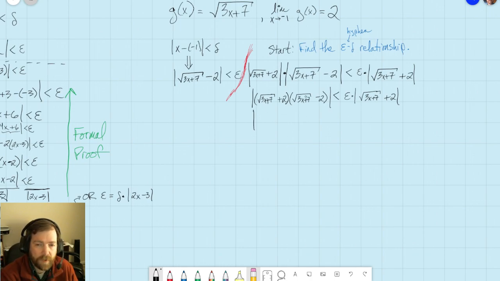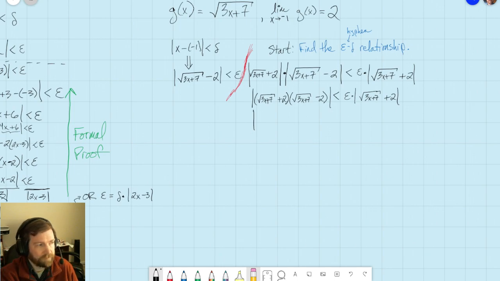All right, so when we're multiplying these together, again, you're just going to do the whole FOIL thing, but this is also the difference of two squares. So we're going to get the first times the first, the last times the last, and then the first times the last, and the two inners multiplied together are going to cause us to get a positive and a negative 2 square root of 3x plus 7.